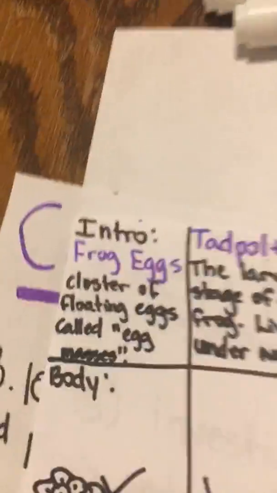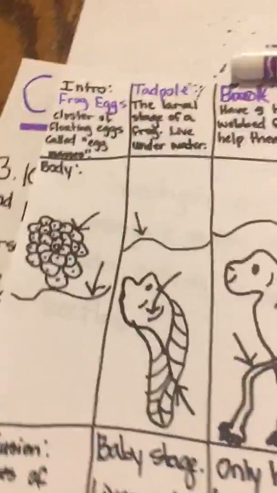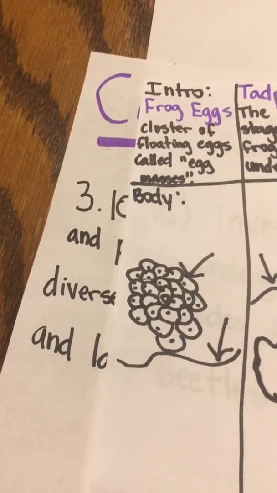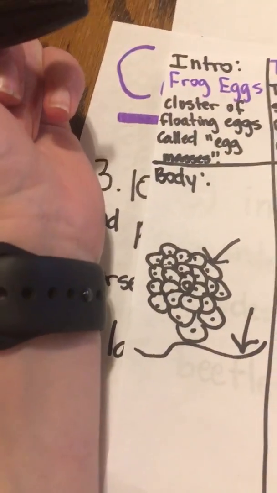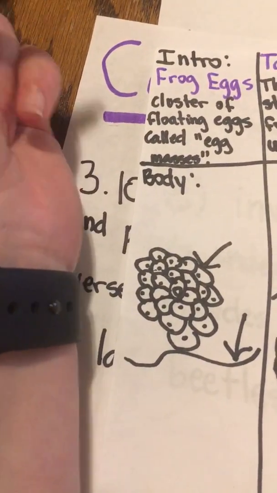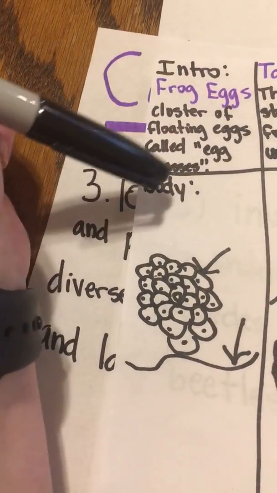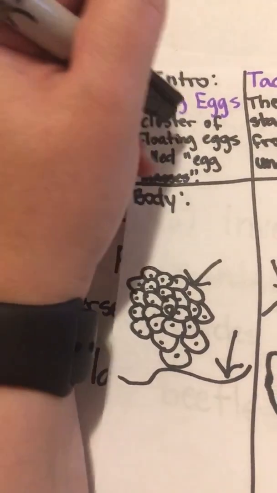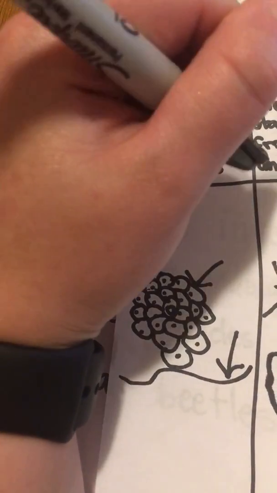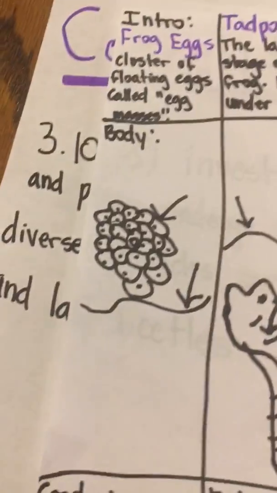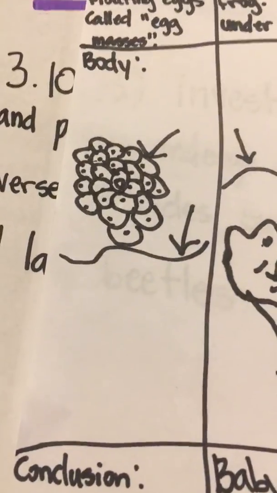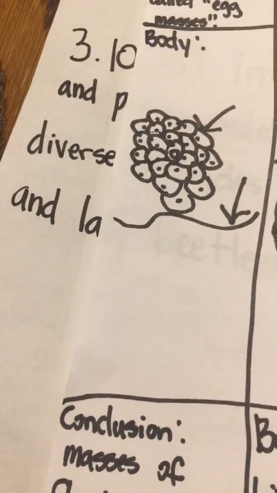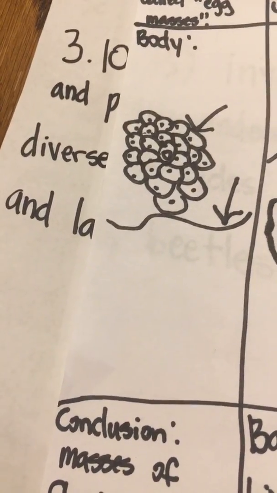Who can tell me what the definition is for frog eggs? Oh, very good. So class, let's write that as the definition. A cluster of floating eggs called egg masses. Very good. So now, what could be the body of our description for frog eggs?